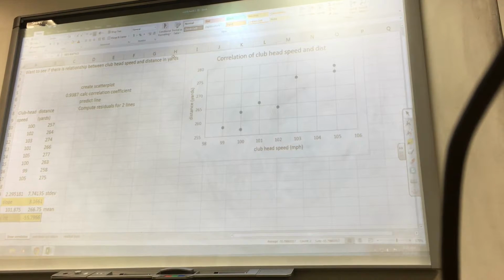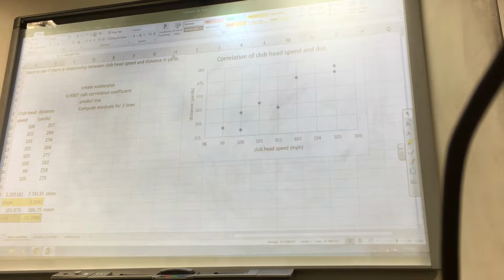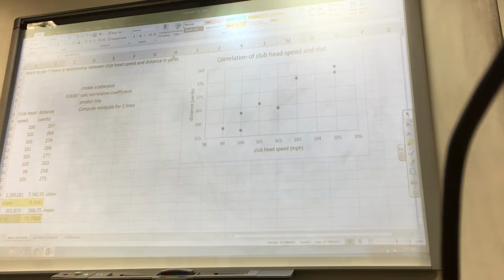So my equation is going to be y equals what, Taylor? Y equals mx plus b. What's m? Our slope is 3.166, times x, and then we add b.